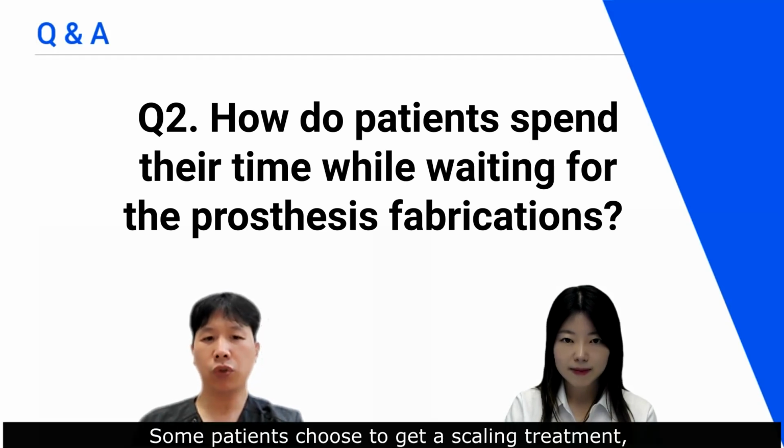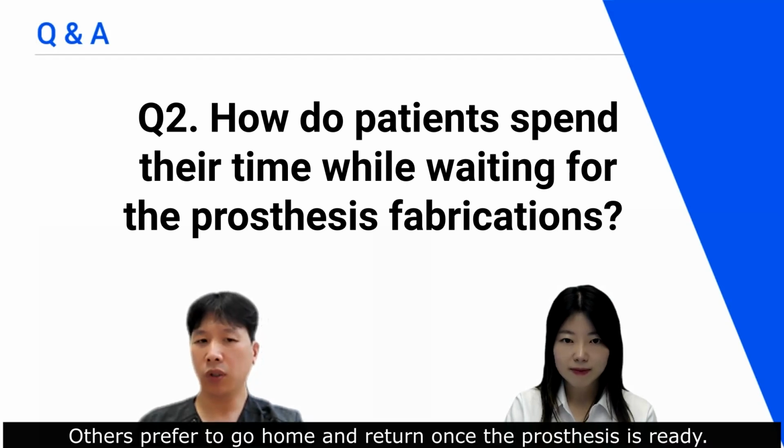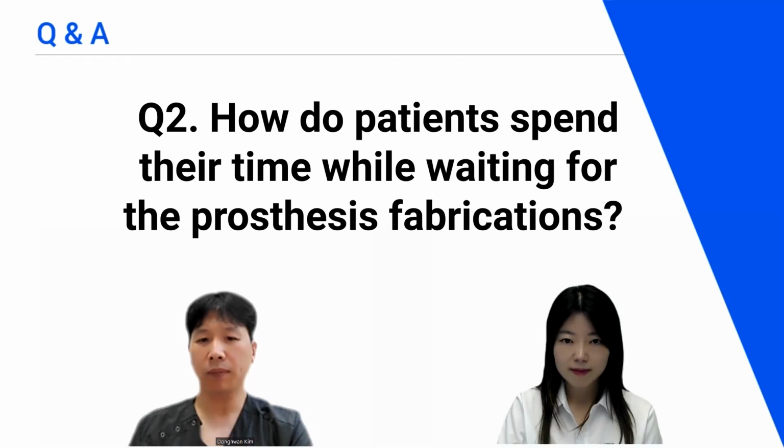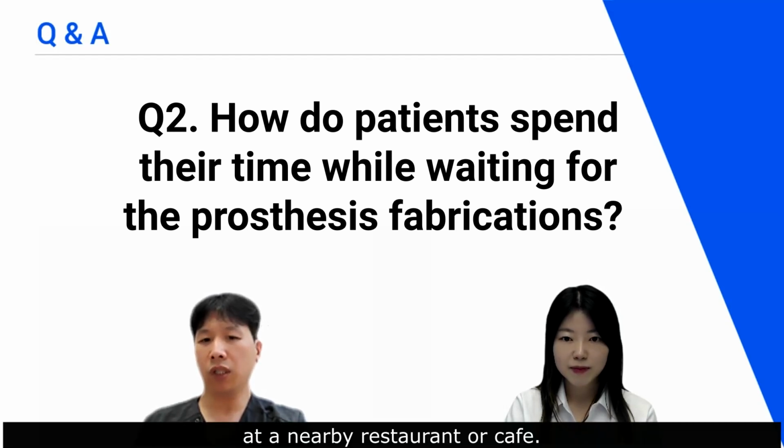Some patients choose to get a scaling treatment, which can be done in the meantime. Others prefer to go home and return once the prosthesis is ready. Additionally, many patients take the opportunity to have lunch or a snack at a nearby restaurant or cafe.